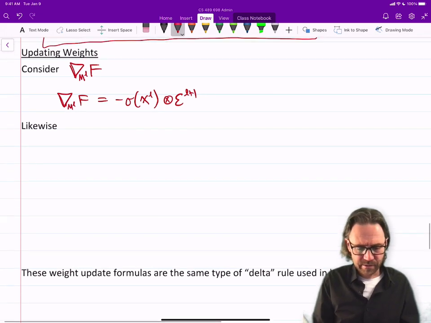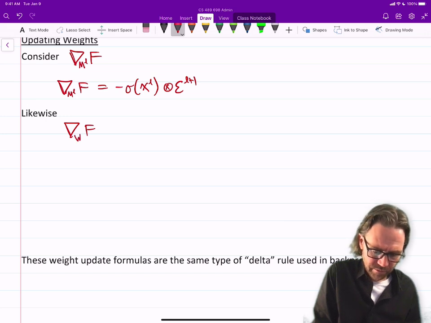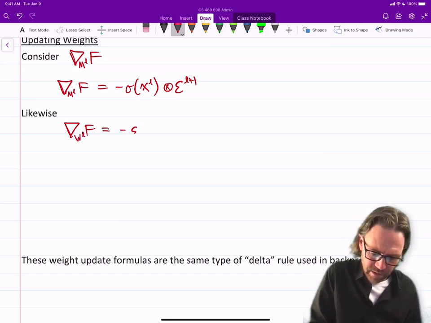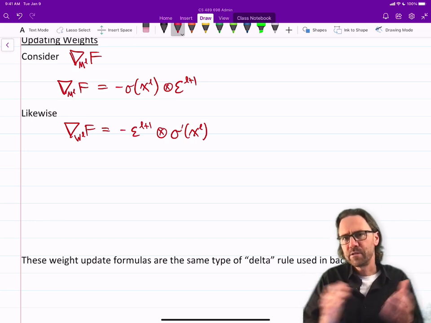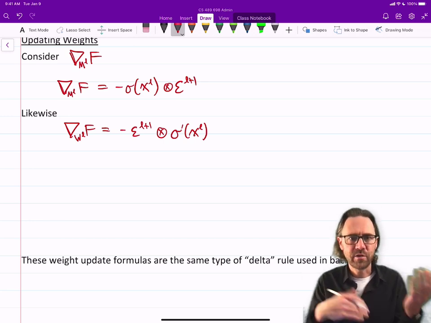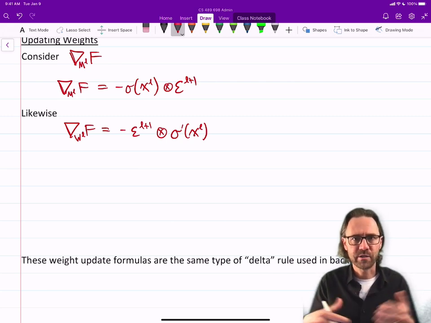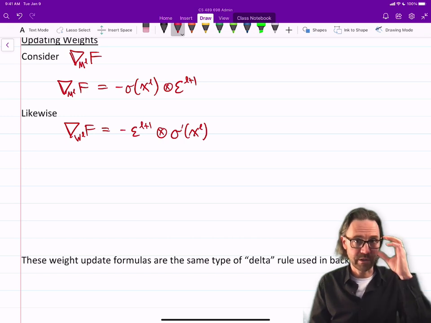And likewise, the gradient of the Hopfield function with respect to W, the other weights going down, is exactly the same, just transposed. So this is why assuming that the M and the W are transposes of each other is not just weight copying, because they can actually be learned independently to be essentially transposes of each other.